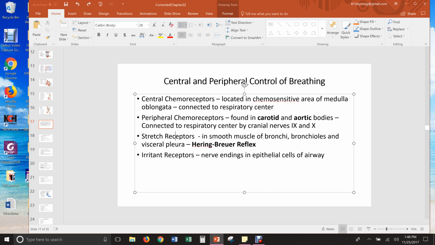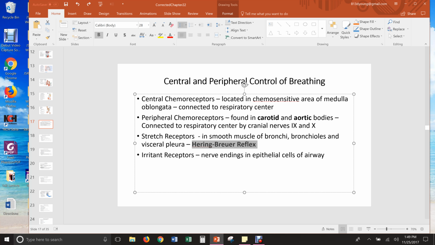Now, in the lung tissue, we have something that's termed stretch receptors, and these are found in the smooth muscle, and we don't control this. So what we end up getting is a Hering-Breuer reflex, meaning that as we breathe in and breathe out, we need to make sure that we do not overstretch the lungs.